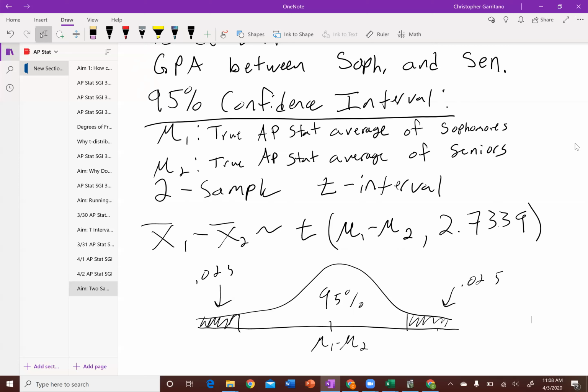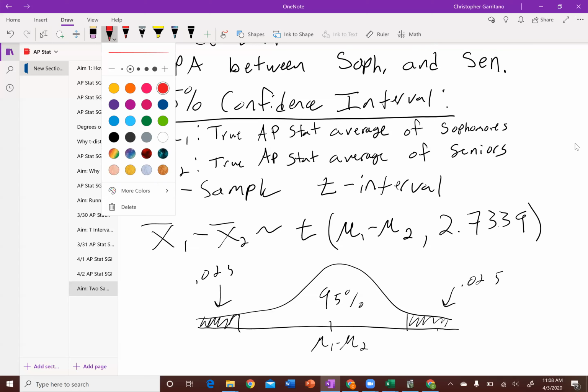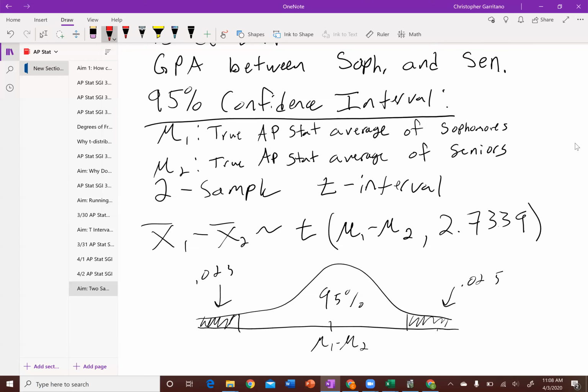What you're looking at here, at least this portion over here, would be a proper plan stage for a confidence interval. And you might want to just be clear that we're using a 95% confidence level.